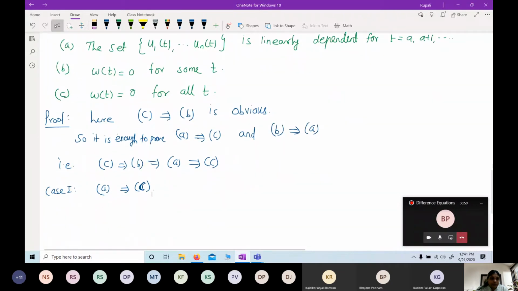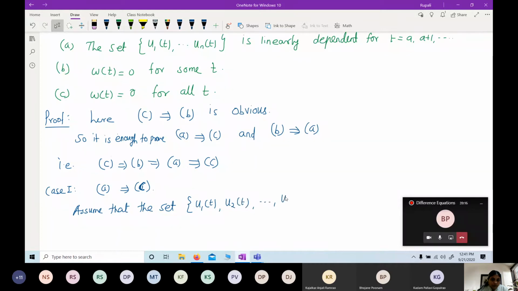So assume that the set u1(t), u2(t), ..., un(t) is linearly dependent for t equal to a plus 1, and so on.